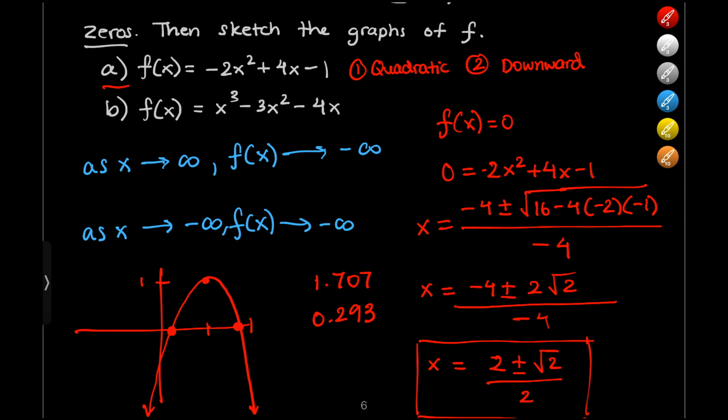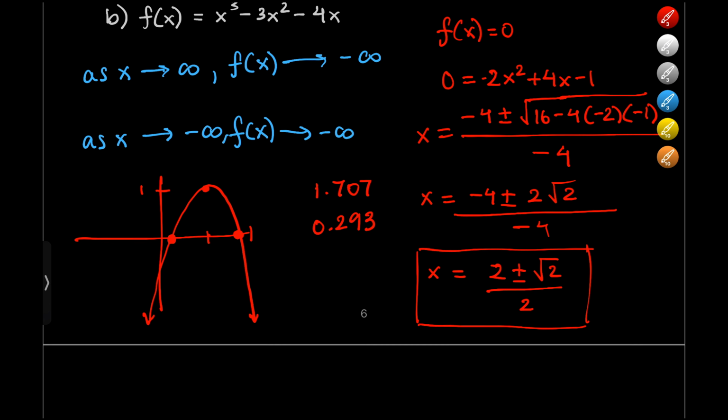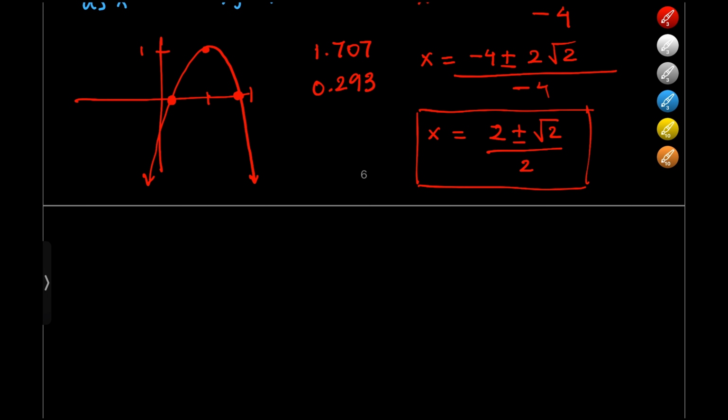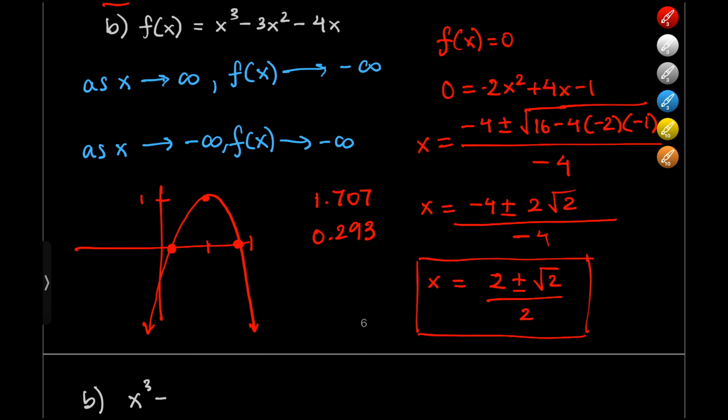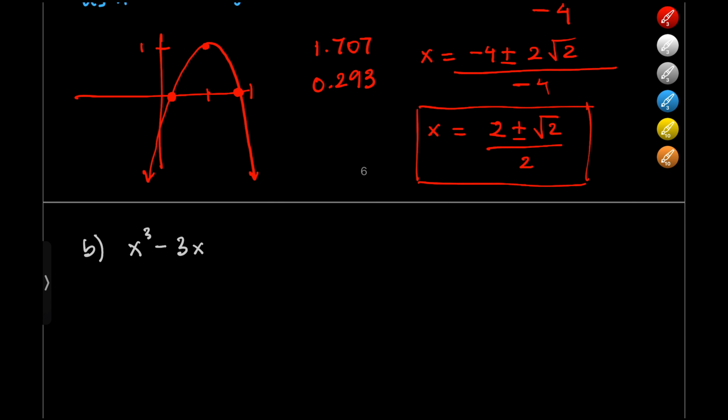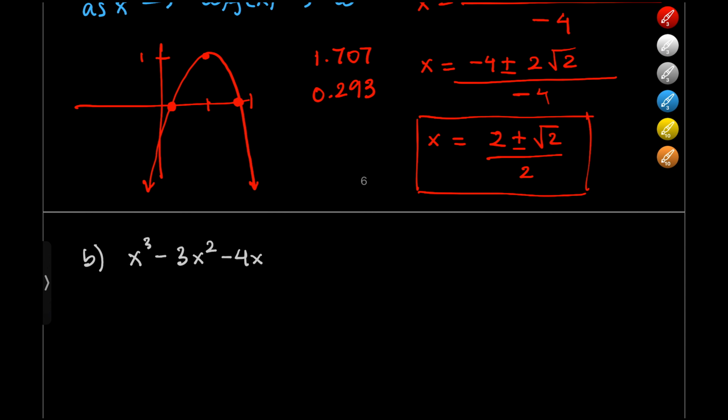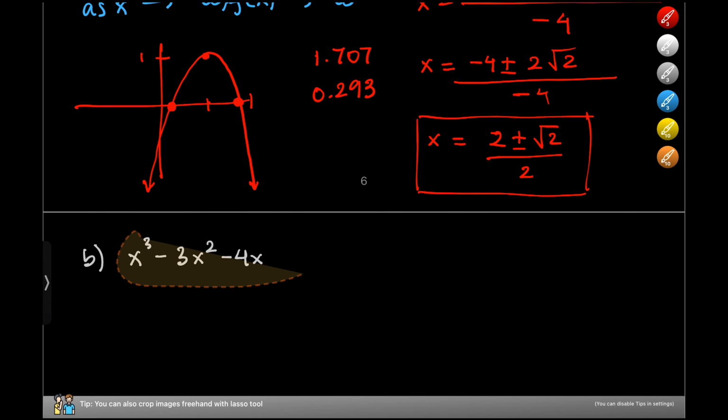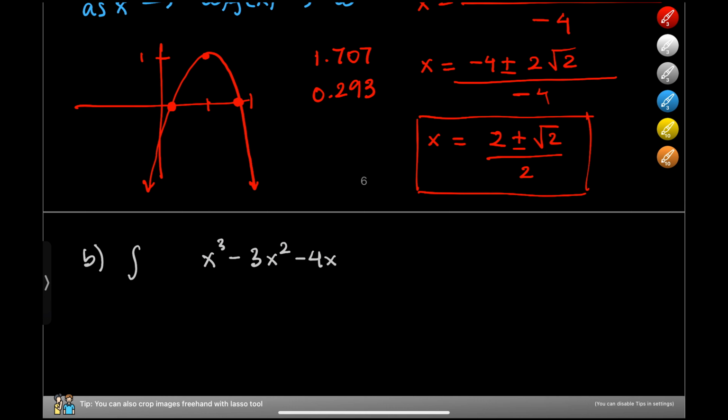So I'm gonna rewrite this equation down here. So x cubed minus 3x squared minus 4x is equal to f of x.